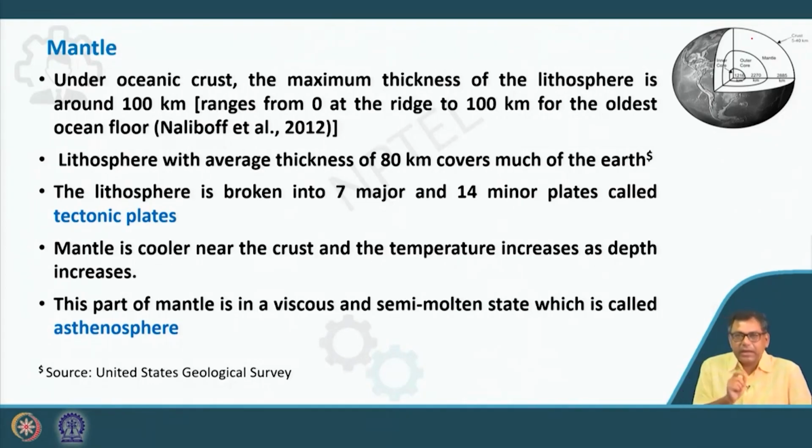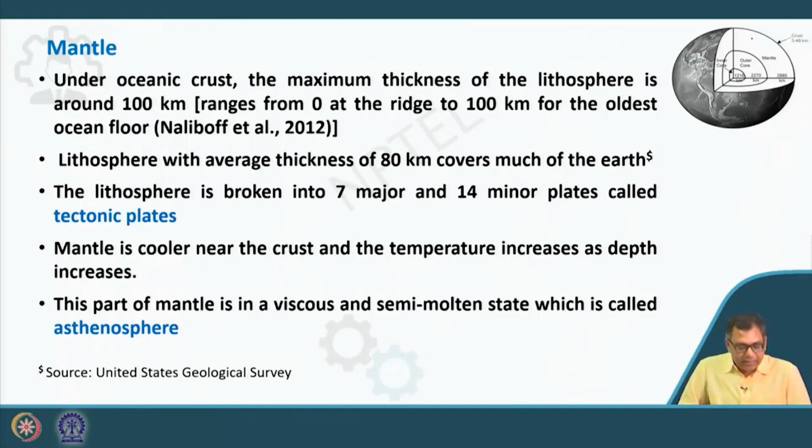That means if the area is above 20 million square kilometers, those plates are called major plates. And minor plates means the area is between 1 million to 20 million square kilometers.